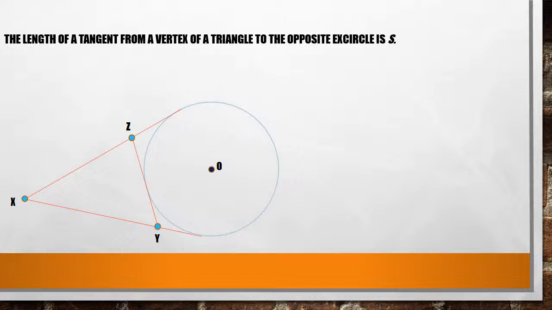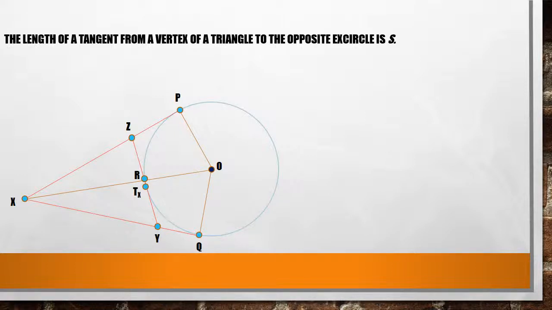Here's the X-circle opposite X with its center O. It's tangent to the side ZY at point T sub X. It's also tangent to the extended sides at point P. There's the radius from O to P. And it's also tangent at point Q. There's its radius. We'll also include a line, XO. XO crosses the side ZY at a point we'll call R.